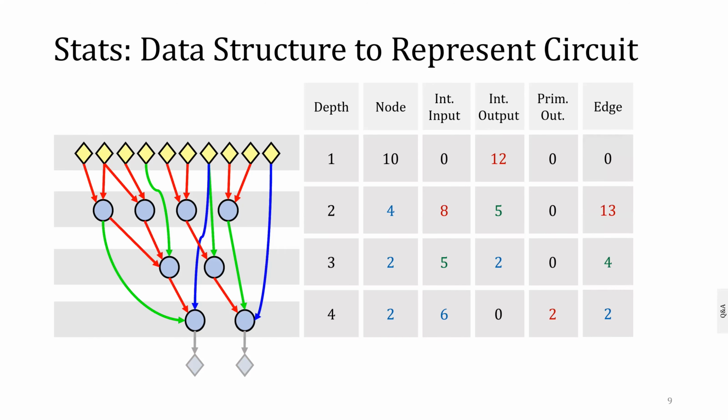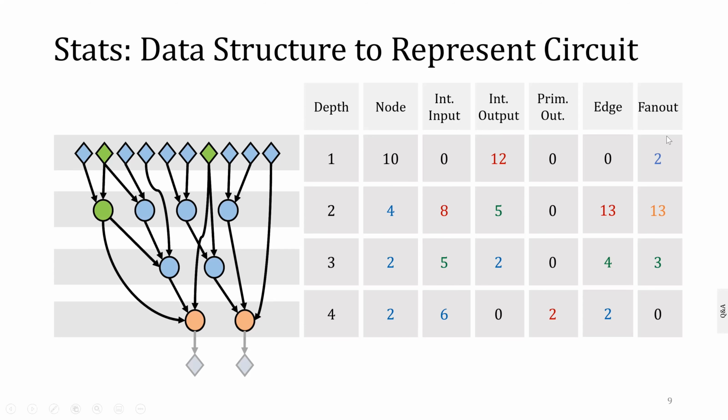Next, we have the edge, which represents the number of wires of certain length in the entire circuit, where we can see 0 means there are no wires of length 0, and there are 13 wires that have a length of 1. And the last data we have is the number of gates with a certain number of fan-out of internal outputs.